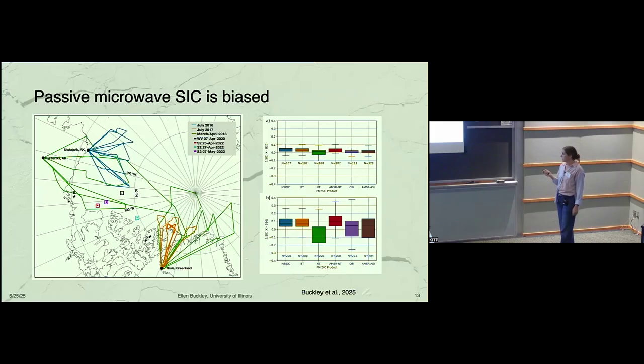So we definitely had to work through some of these specific biases here. There does exist a good bit of bias in the summer, and in the winter, this might not seem like a lot, but when you're thinking about whether you have 98% sea ice concentration or 99% sea ice concentration, when you go from 98 to 99, you're halving the amount of open water that's available for that momentum transfer.